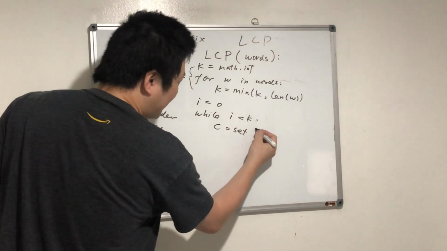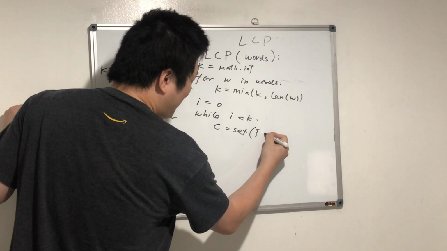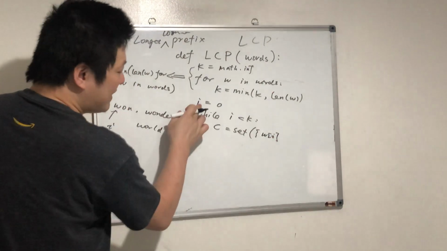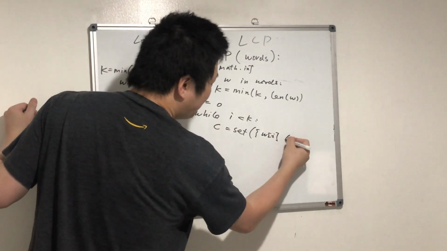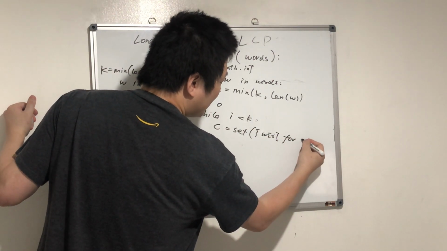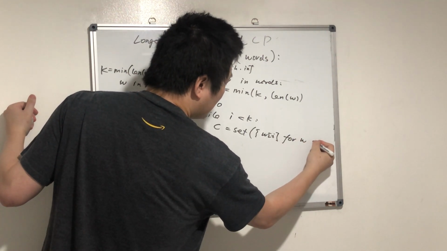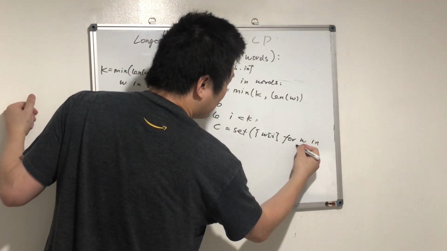Okay, C equals set. Now, we want to get the character at index I, so W[I], for W in words.